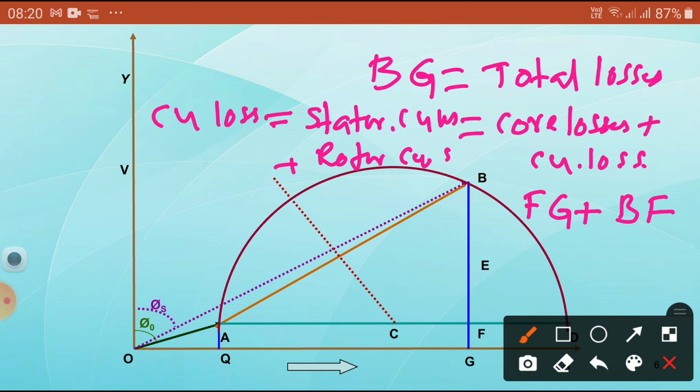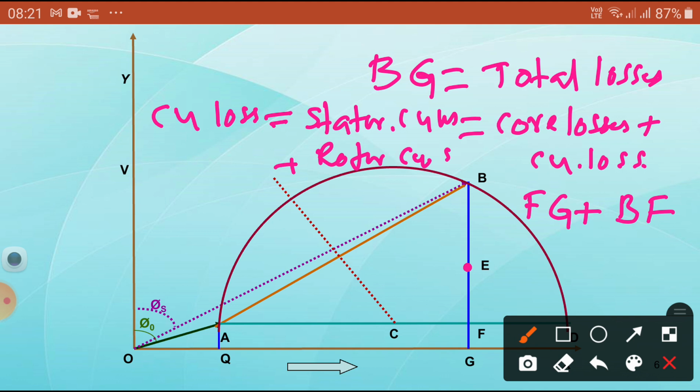So now I want to know what the rotor copper losses are and what the stator copper losses are. For that purpose I am going to divide BF, the total copper losses, into two forms: the rotor copper losses and the stator copper losses. For that I want to locate one point, E. Location of E. So how do we locate this?